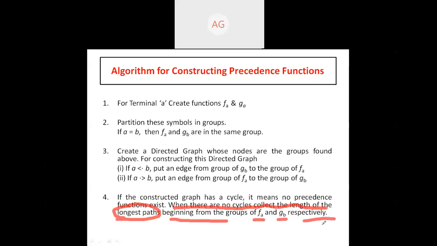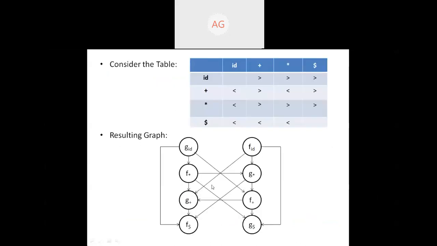So now we are going to collect the longest path which begins from the f and g functions respectively. Now you are going to see how we fill the entries of the function table. We check every entry, and we check what is the longest path we can draw from here.